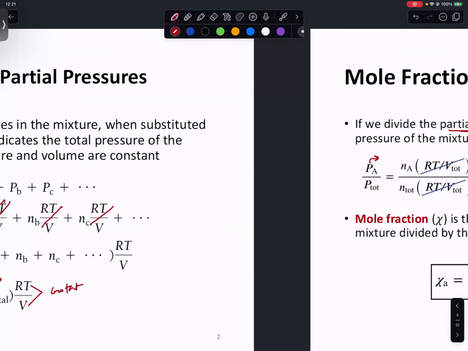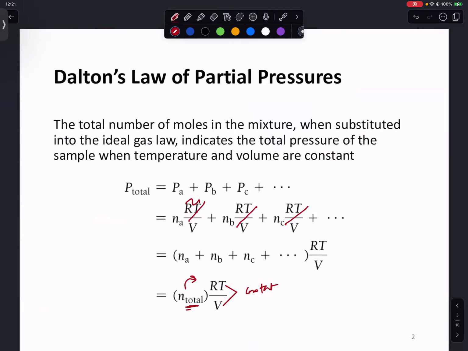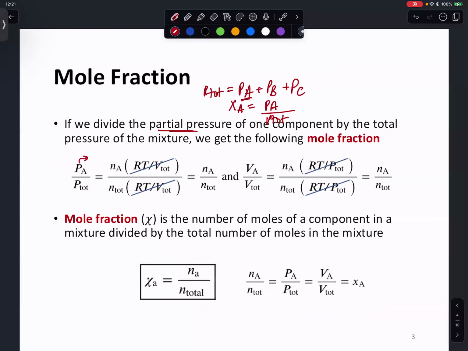And similarly, from what I just said on the previous slide, that the total pressure is directly proportional to the total moles, I can use this relationship. So if I'm provided with the number of moles, it's the number of moles of A divided by the total moles.